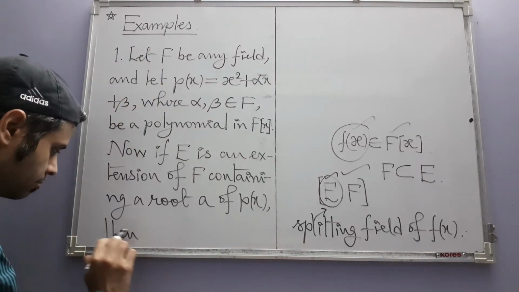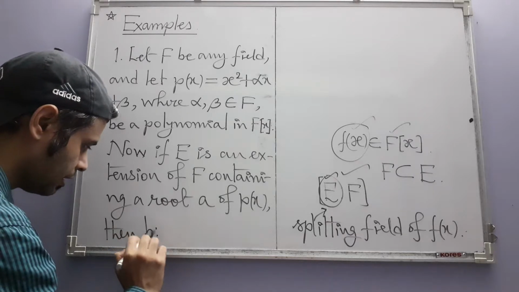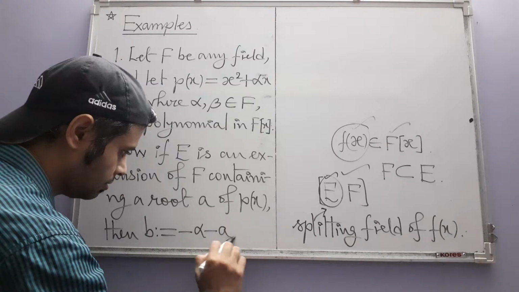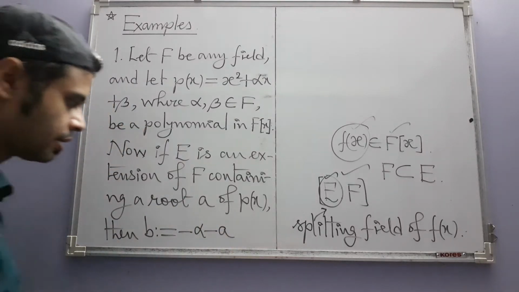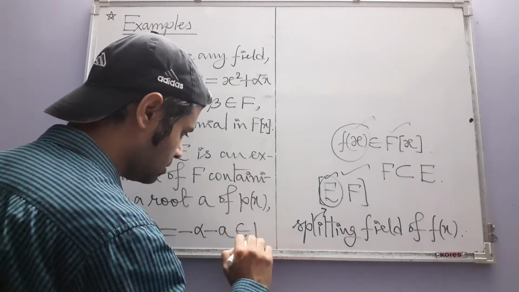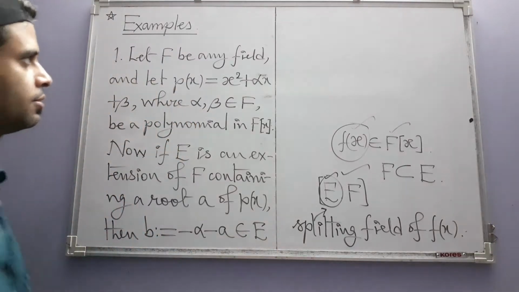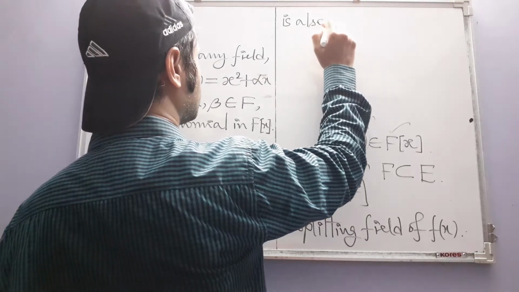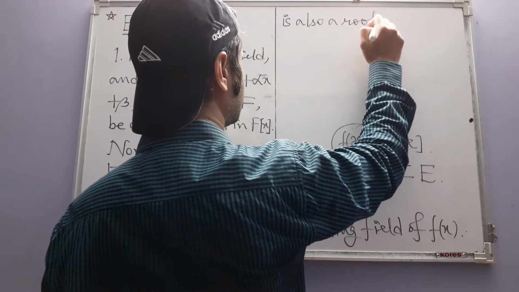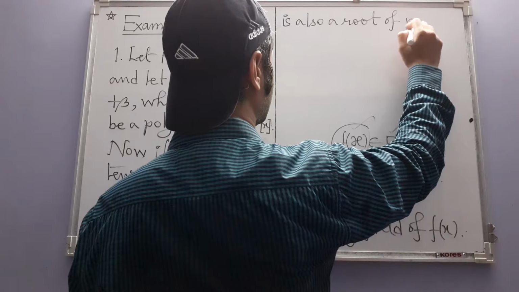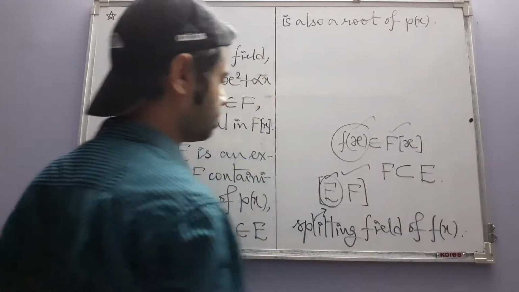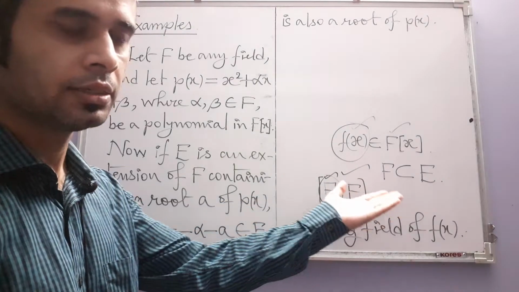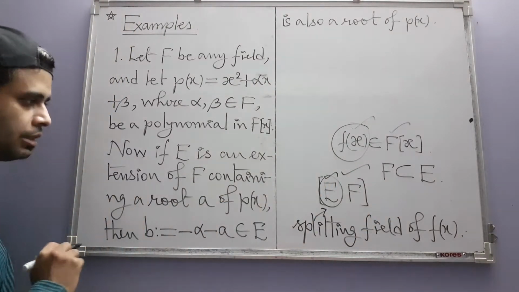then it turns out that the element b, which is defined to be equal to minus alpha minus a, and which is of course in E, is also a root of our polynomial. Now existence of E we have already said, and we already know that such E's exist.